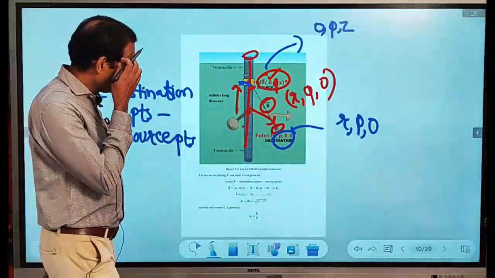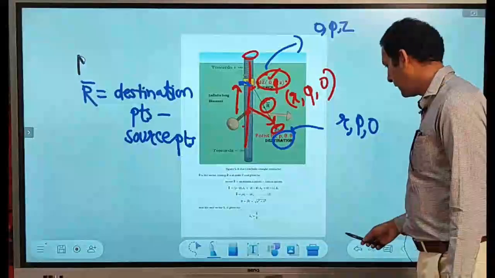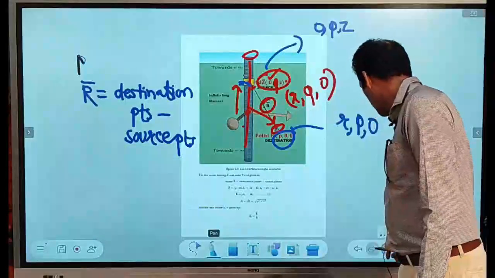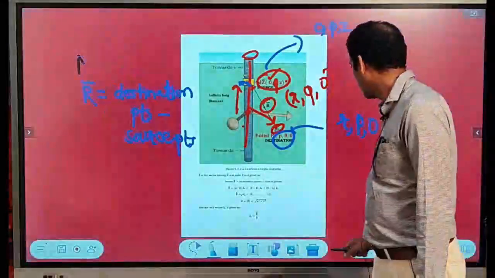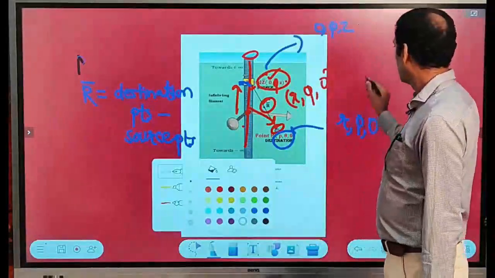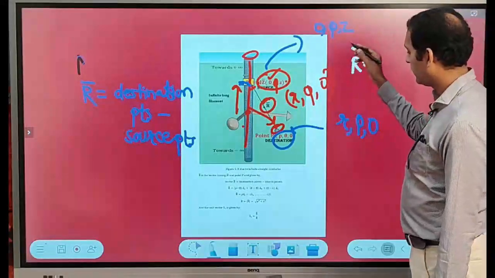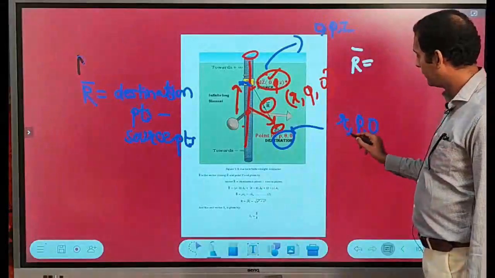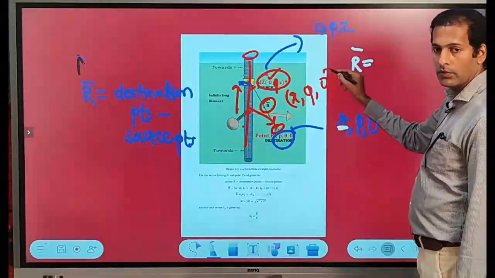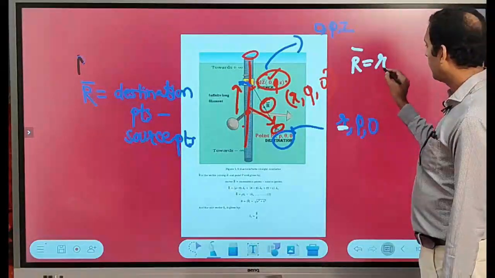So now to calculate R bar, so what we will get here? We will write the position vector R bar will be equal to, say, first one. Who is destination? This is destination. This R minus 0. What we will get? R. What is that? This is magnitude.